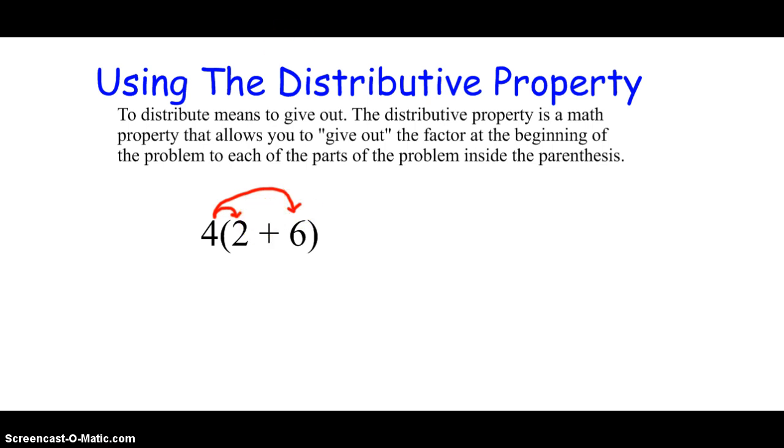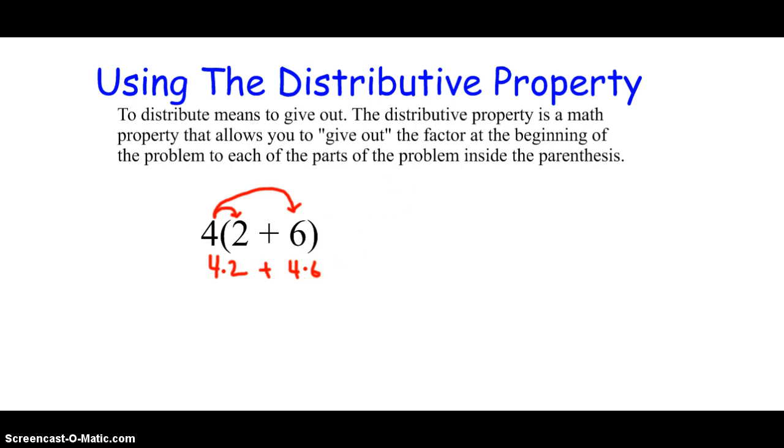So that literally means that we're going to do 4 times 2, and then 4 times 6, and because there is an addition symbol, we're going to add the addition symbol back into our problem.